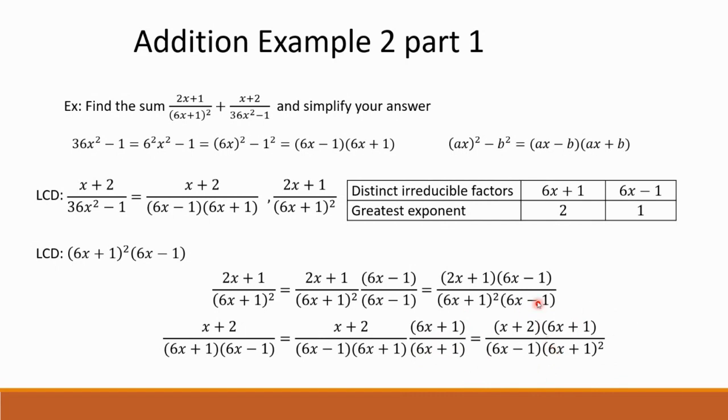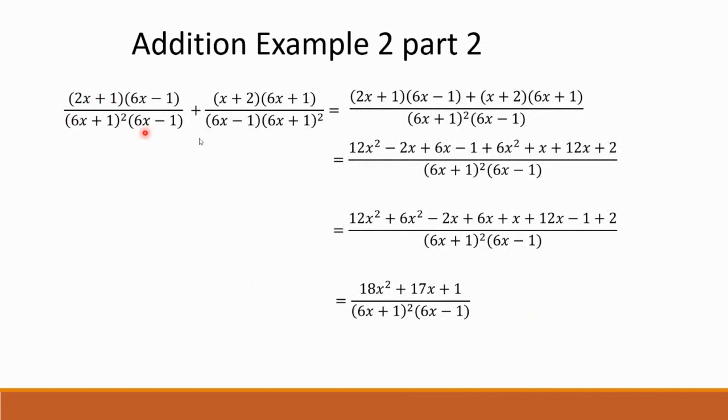Now from here, we want to add these two together. Since we're adding these two, what is this sum going to be? Well, let's see. When we add, we're combining the numerators. The denominators are the same, so we leave it alone. We combine the numerators only.